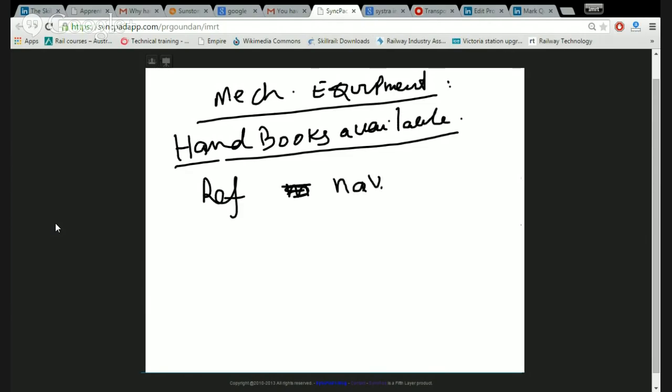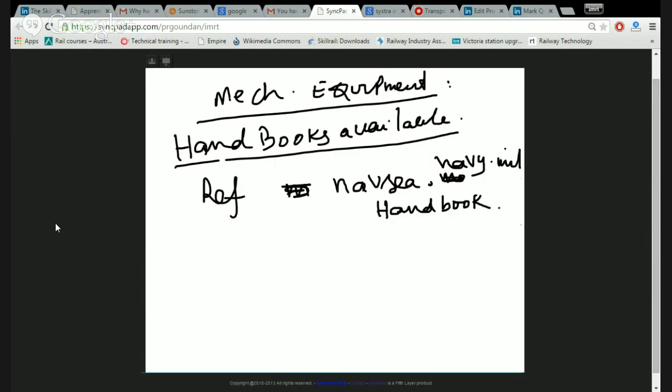Navsea, dot navy dot mil, handbook. This gives you, in good simple English, how to use the data, what the equipment is, and how to do this for each equipment.